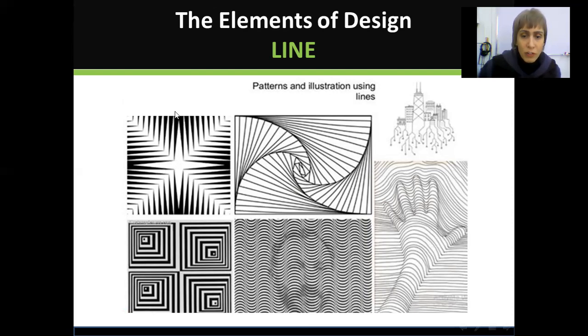If these lines were just regular, just a normal line, the end result of the design would not have this effect. It would be different. So the quality of the line, how the line looks, and the combination of the lines, how they are combined together, give us the final feel, the final impression, the thing that you want to communicate.